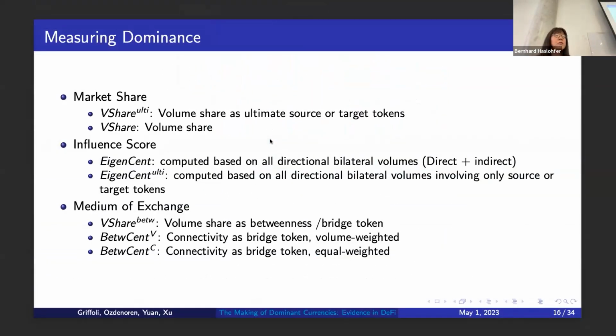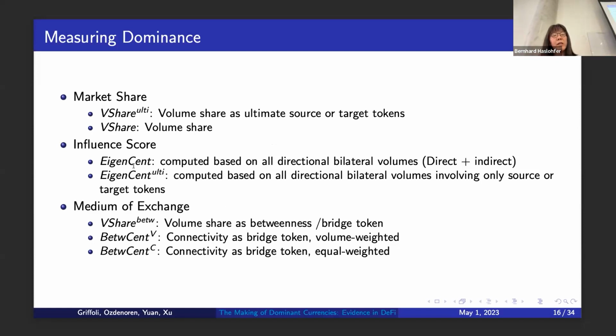So how do we measure dominance? We can just use the simple market share. This is basically the first graph I showed you in international trade and the financial system, the share of all the different currencies. We can do the same. We look at the volume share as the ultimate source of token coins, based on the ultimate volume or the total volume. We'll also construct an influence score based on eigenvector centrality. Since we have a network, we can construct this centrality influence score relatively easily.